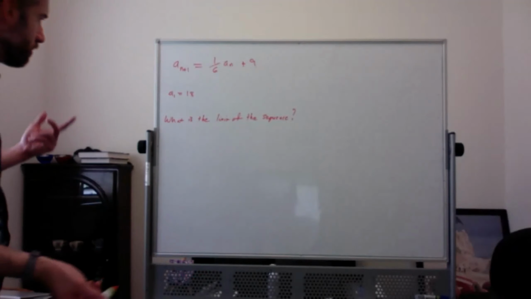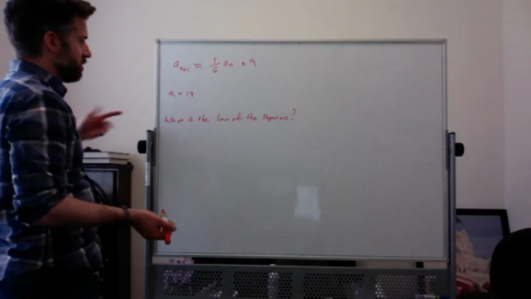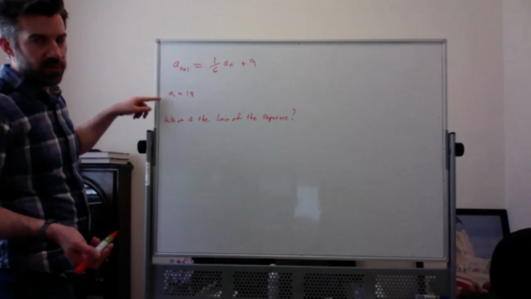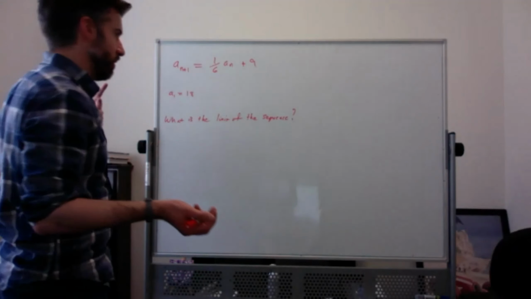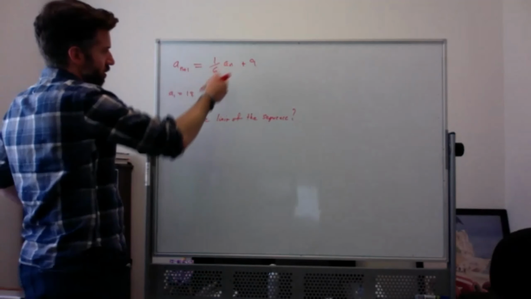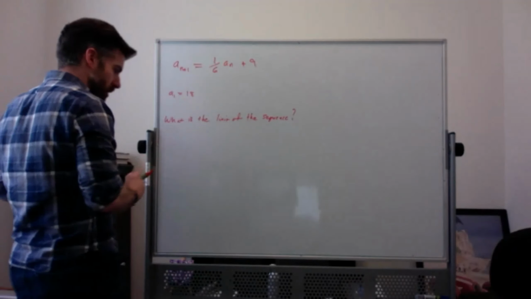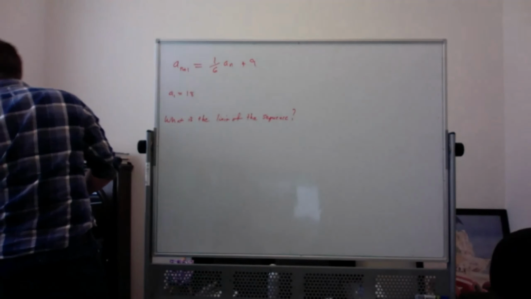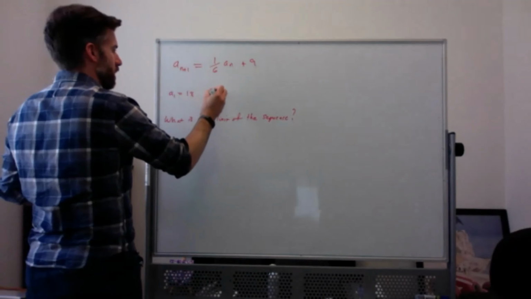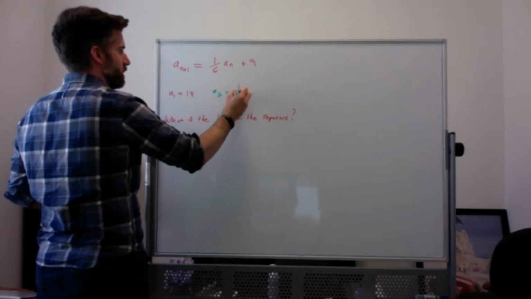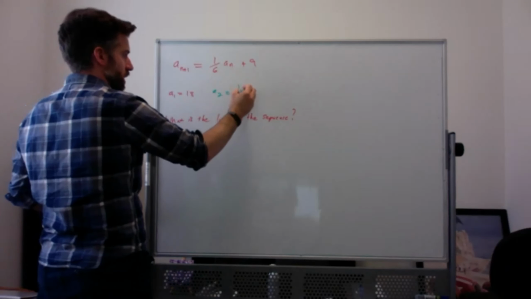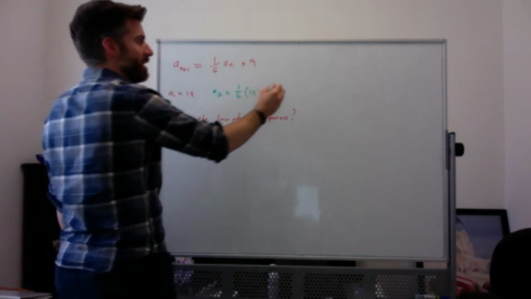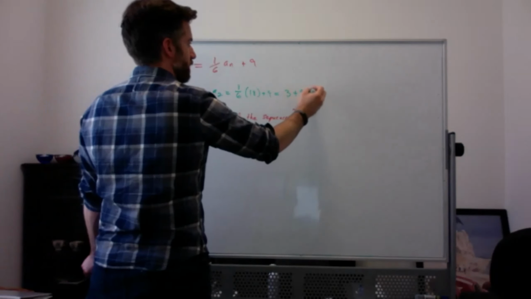So the final limit of the sequence, you kind of need to know where you start, but for these questions, we'll learn more about it later. You could start plugging in and say, okay, if a sub 1 is 18, then a sub 2 is going to be 1/6 of a sub 1, which is 18, plus 9. 1/6 of 18 is 3, and 3 plus 9 is 12.